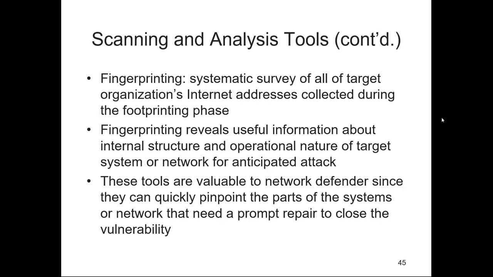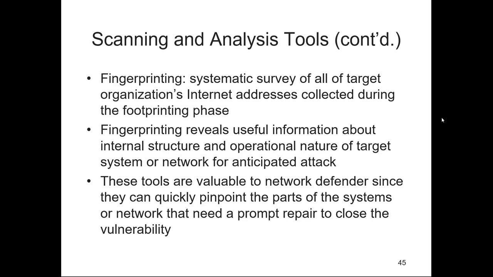The next phase of the attack is a second intelligence or data gathering process called fingerprinting, a systematic survey of all of the target organization's internet addresses collected during the footprinting phase to ascertain the network services offered by the hosts in that range.